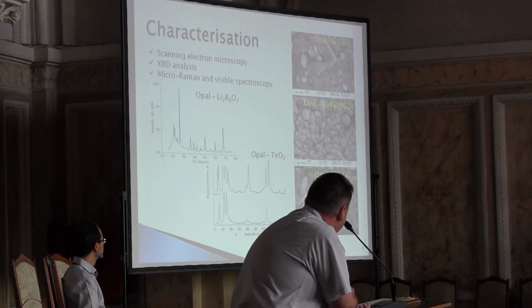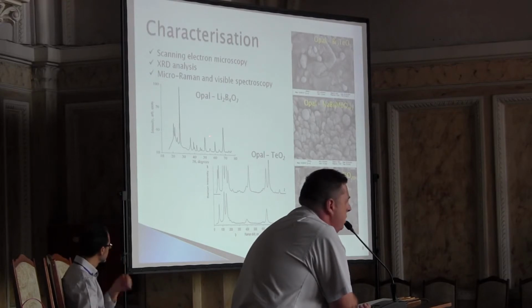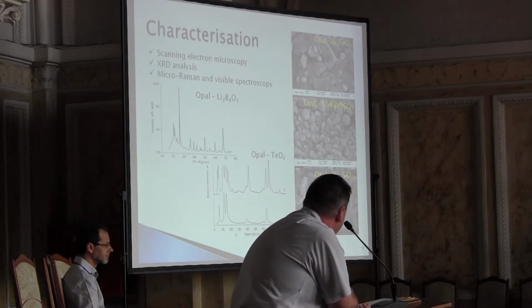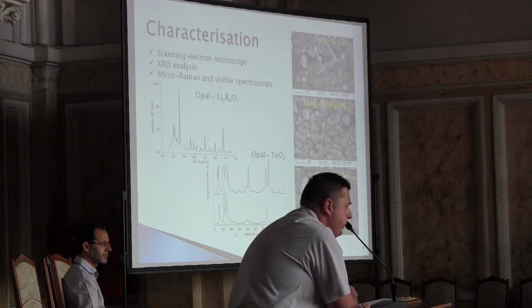This is the surface of the obtained nanocomposite. This is some of the Raman spectra and some of the X-ray diffraction patterns. And in each case we have some features and some extraordinary results.